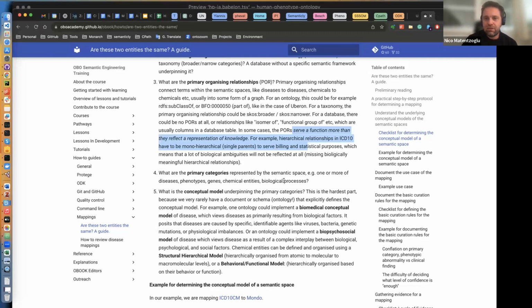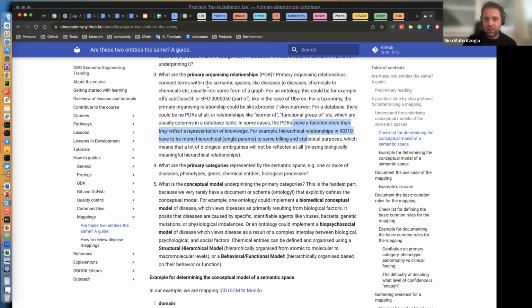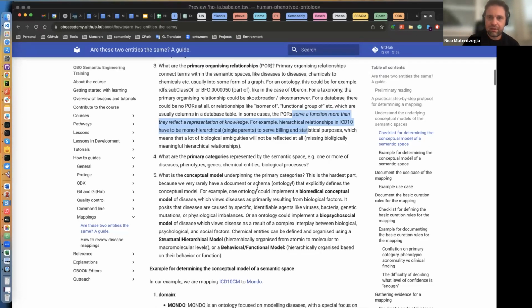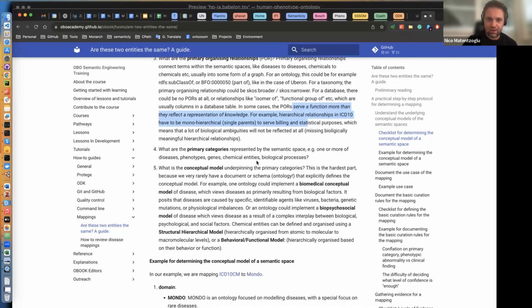But we have certain features here, like a requirement for it to be mono-hierarchical because we have mostly billing and statistical purposes for which this terminology is used, which means that a lot of biological ambiguities won't be reflected in such a terminology. Just keep this in your mind that when you're writing this stuff down, some of them are intended to reflect knowledge, others are intended to be related to a use case more than to organize knowledge.